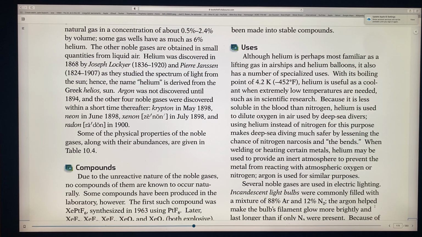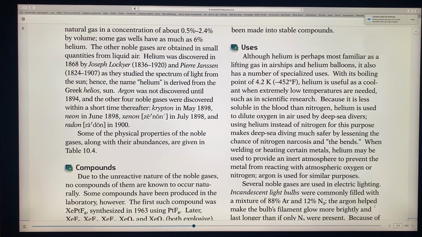It's used to dilute oxygen in air for deep sea divers, because it's less soluble and less dangerous than nitrogen. So helium for a deep sea diver is much safer than regular air. And helium is also used in welding.